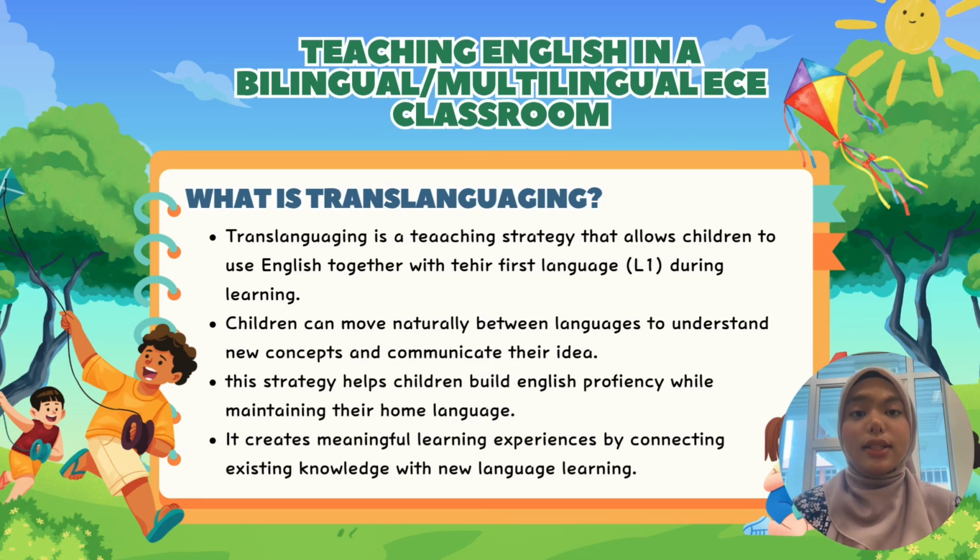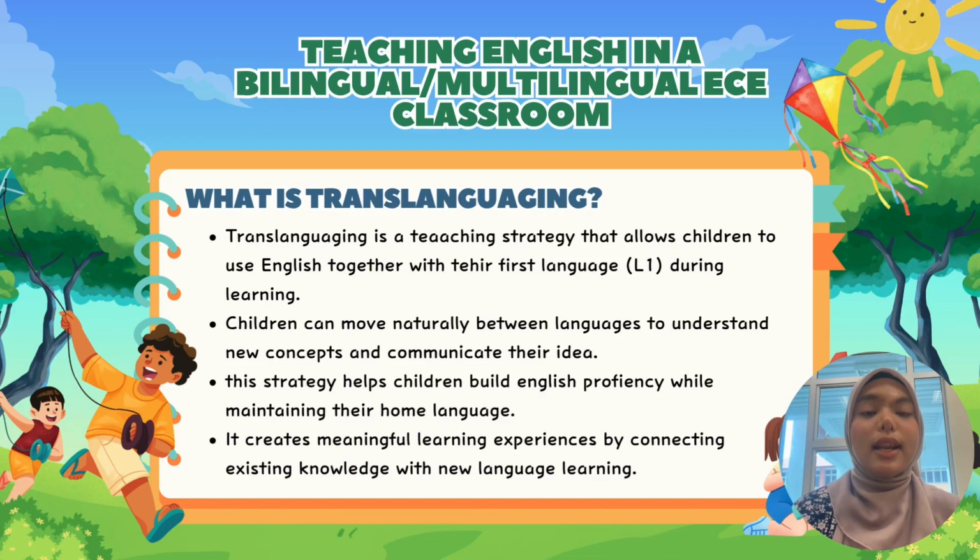What is translanguaging? According to Baker and Wei, translanguaging is an approach that allows multilingual learners to use all the languages they know to communicate, construct meaning, and learn new knowledge.